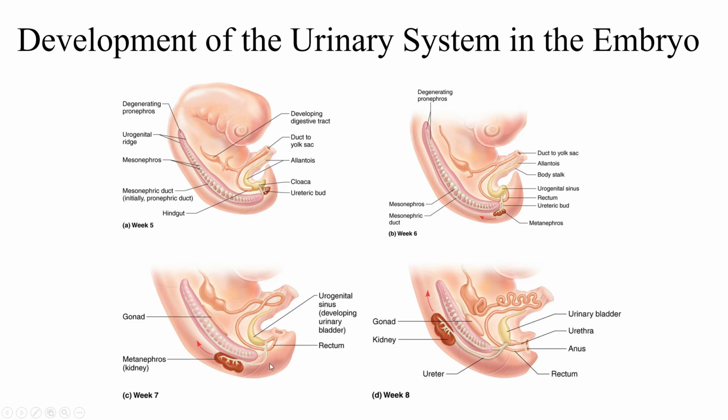And so as you can see, the kidneys, along with the ureteric ducts, will start to move superiorly in the fetus. It begins close to the cloaca, and then by 8 weeks, it will be close to its final position. All right.